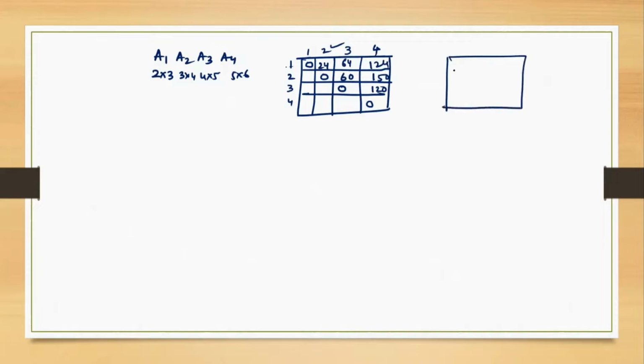And the S table, which is also n cross n, but actually n minus 1 cross n minus 1 is utilized, that you will be able to know here very clearly. The principal diagonal is not getting any k value, because the principal diagonal value here is 0. 0 means no cost of multiplication. So there will be no trace of the value of k. So this part is not actually required here.